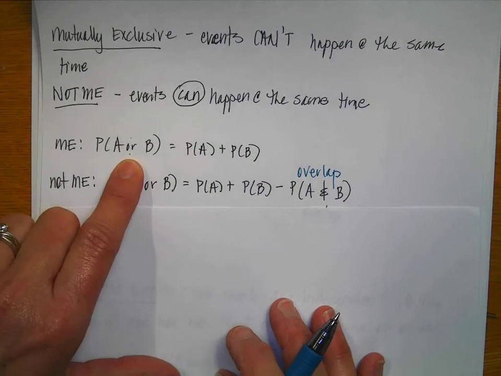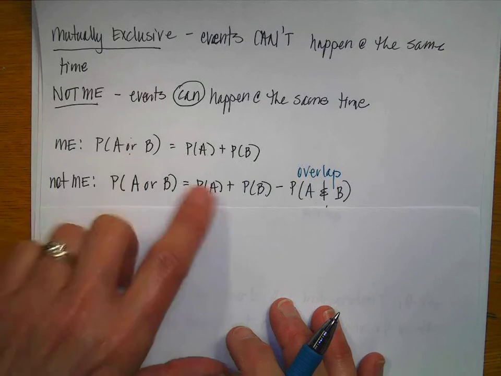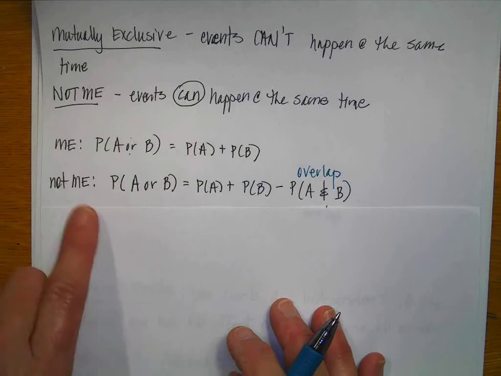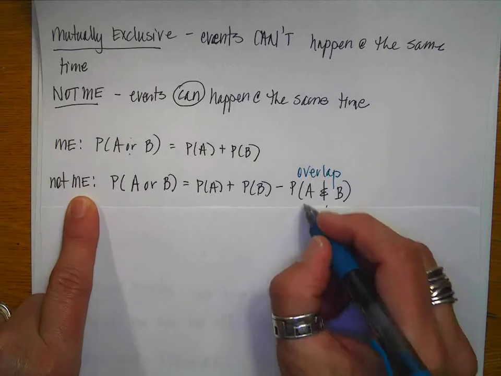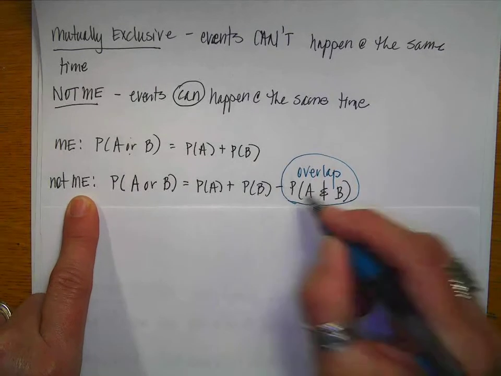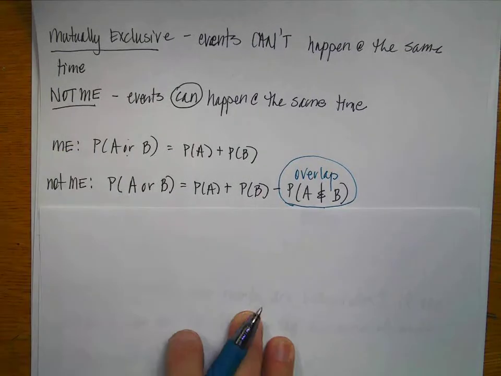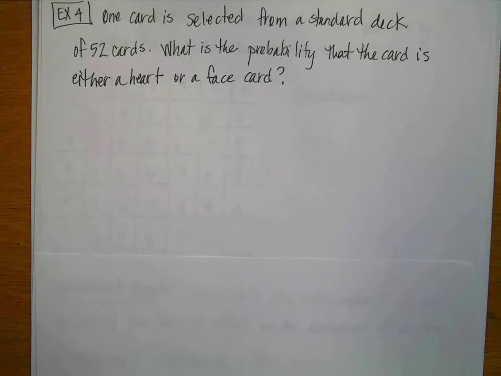Okay? So if events cannot happen at the same time, then it's the probability of A added to the probability of B. But if they can happen at the same time, we have to take away where they overlap. Otherwise, we will have overdone our probability.